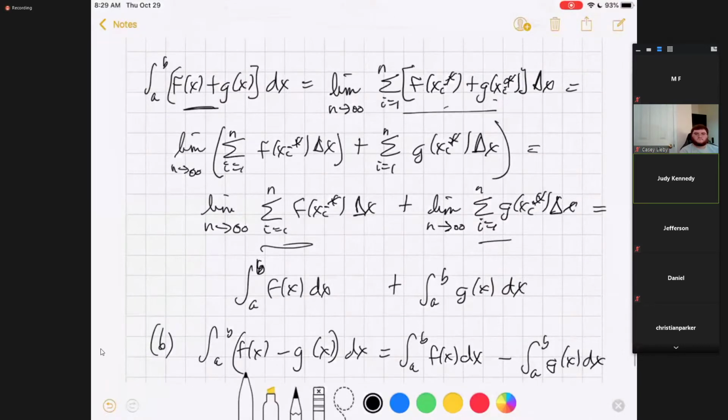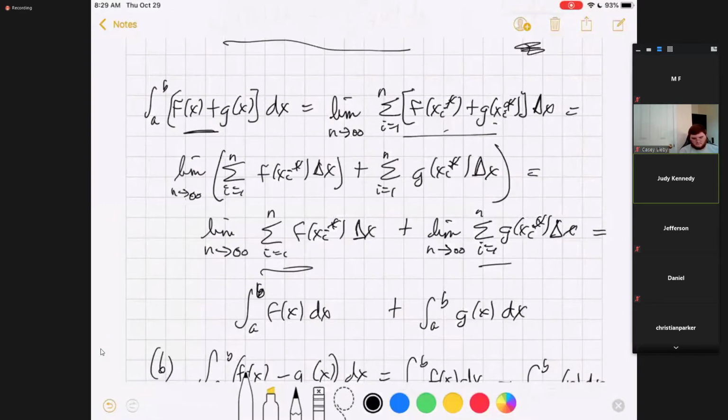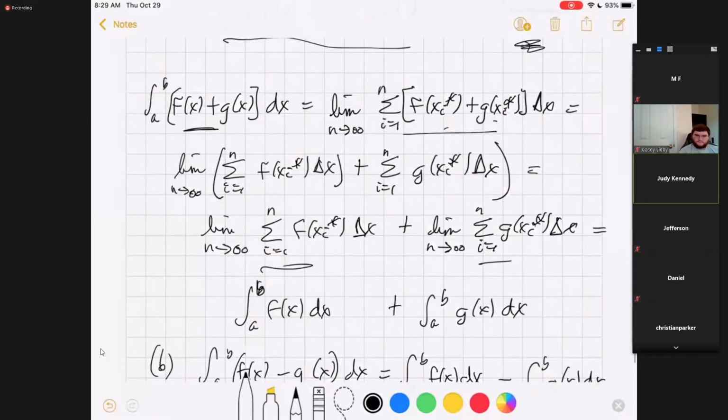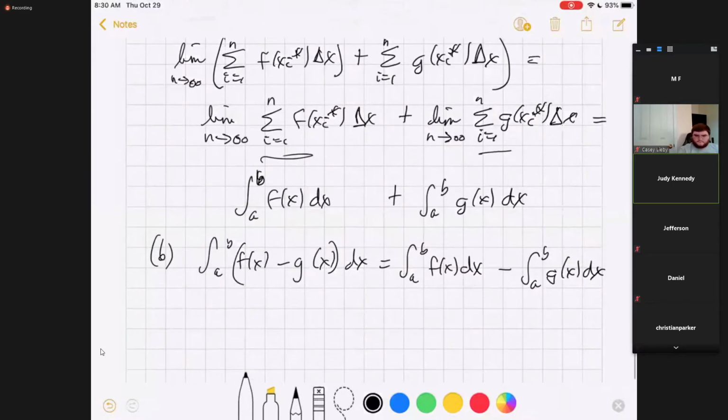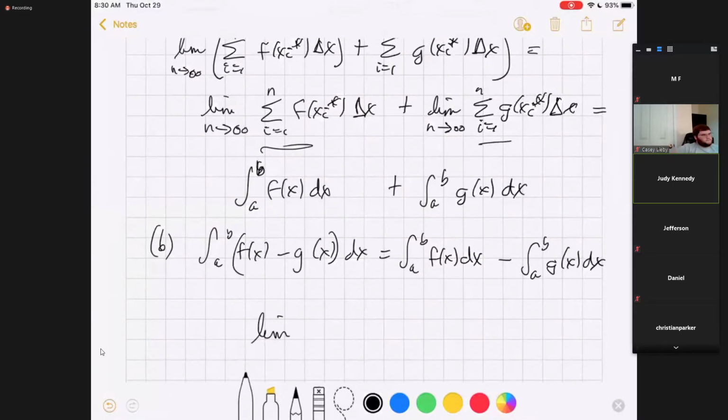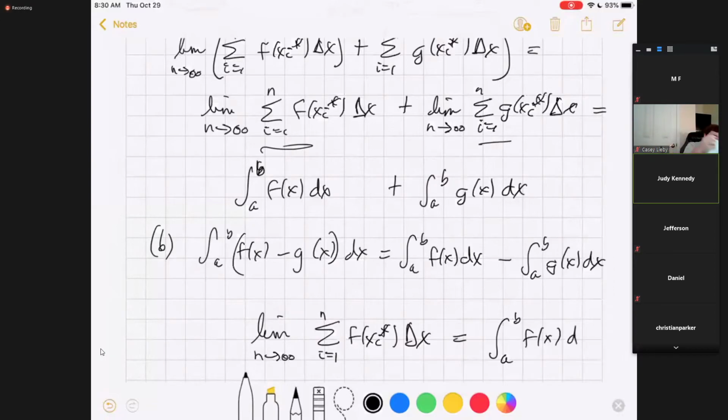I should say too, this notation encapsulates the entire definition. We're saying that the limit as n approaches infinity of the sum as i goes from 1 to n of f of x sub i star delta x is equal to the integral.